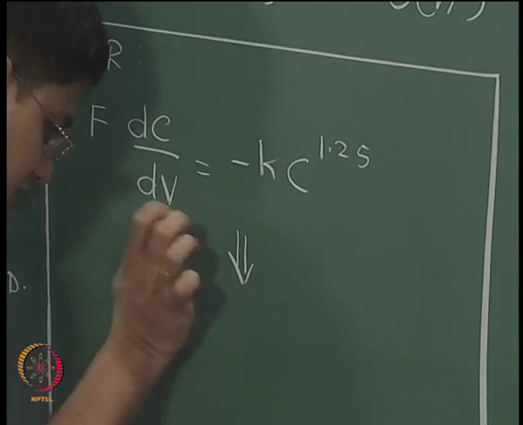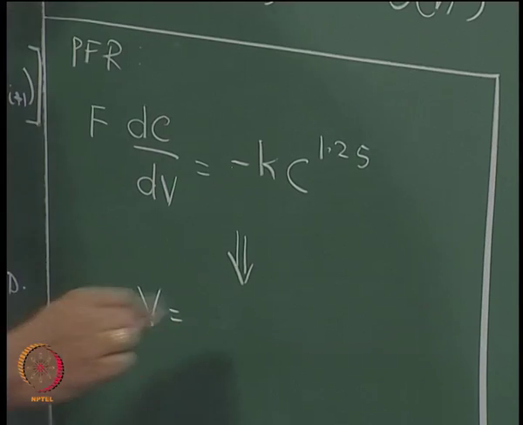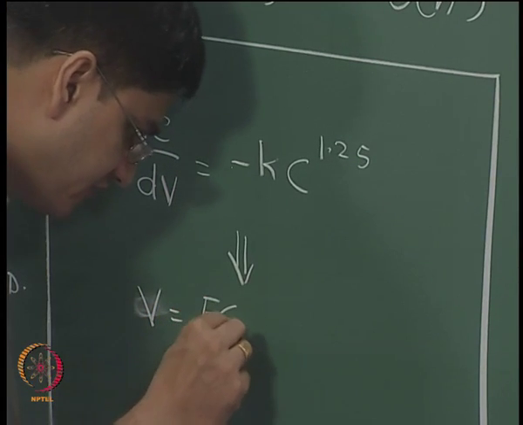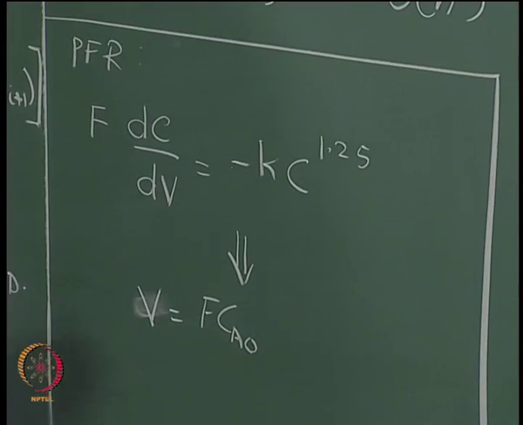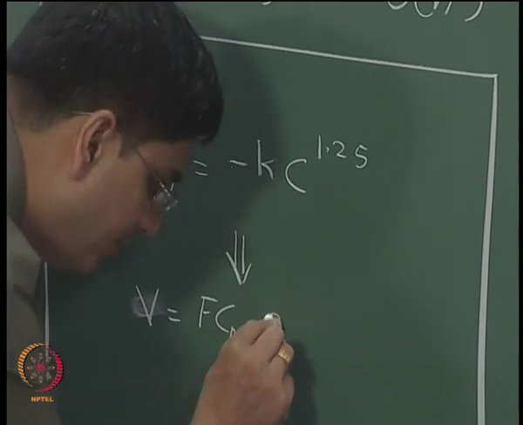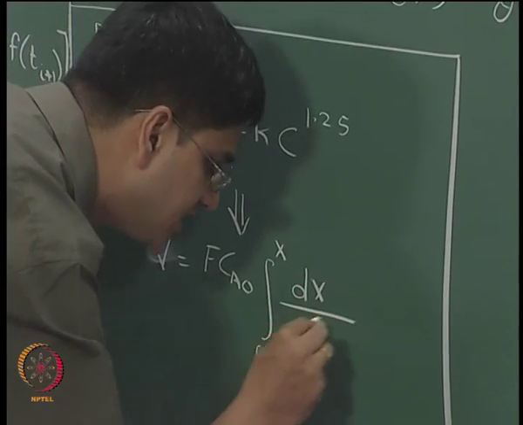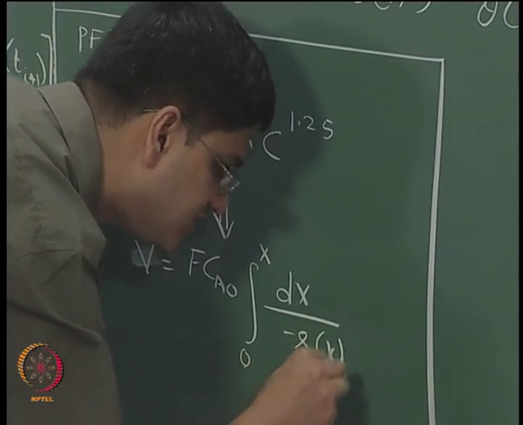We had converted that to give ourselves the design equation V equal to F times Ca0, which we had called Fa0, multiplied by the integral from 0 to x of dx divided by minus r of x.